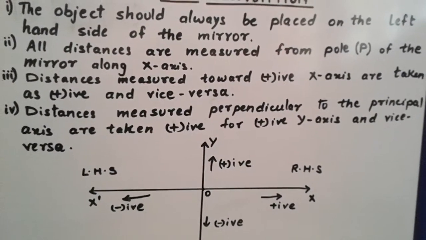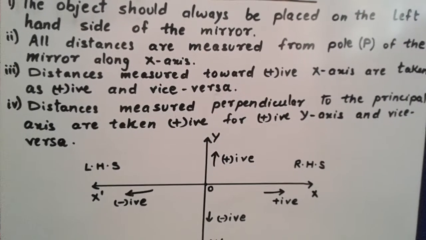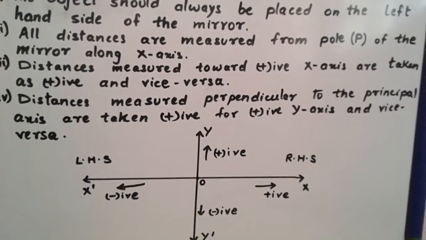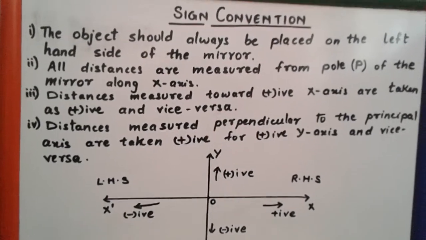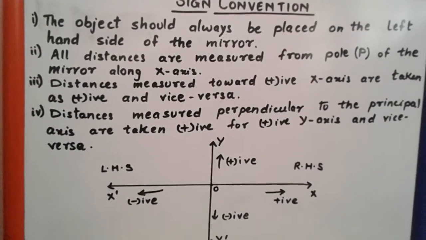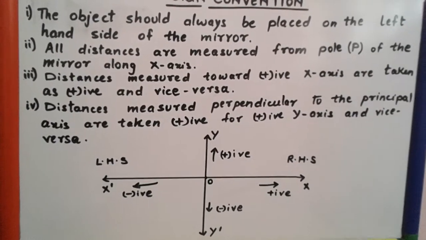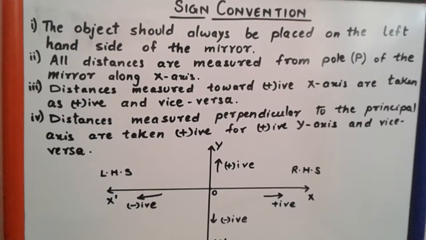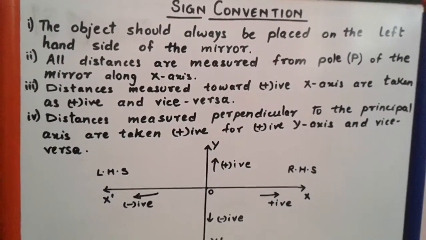Distances measured perpendicular to the principal axis are taken positive for the positive y-axis, and therefore for the negative y-axis they are taken as negative. So now I am going to draw the concave mirror and the convex mirror on the Cartesian plane, and we are going to find out how the four points written in the sign convention are going to be used.